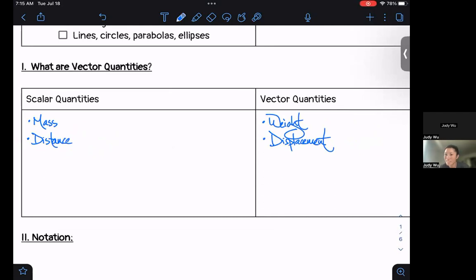And the thing with displacement is it actually cares about your directionality, okay? Whereas distance is just kind of how far you go. So for example, you take a flight to the Bay Area and back, you've traveled a distance of about 1,000 miles, but your displacement once you get home is actually 0. So you've gone, you've come back, but ultimately it doesn't seem like you've gone anywhere.